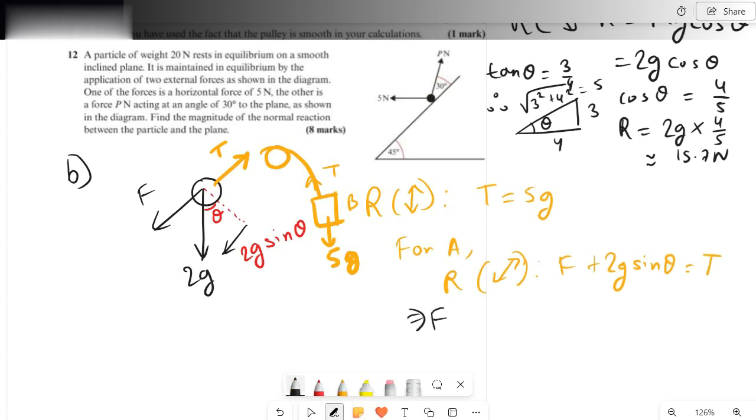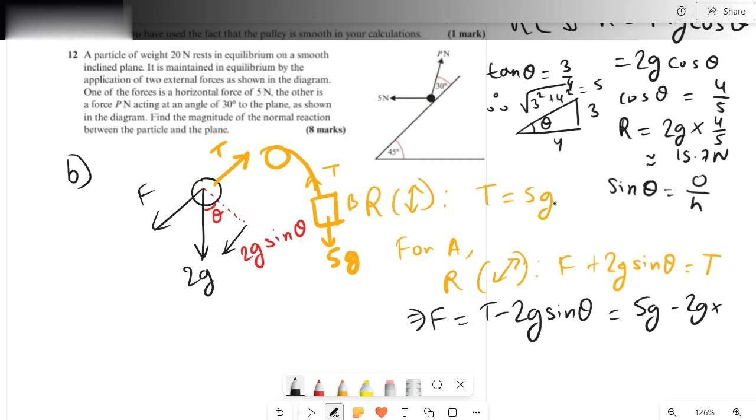So F is going to be T minus 2g sin theta. The tension is going to be 5g, and sin theta is going to be 3 by 5 because we know that sin theta is equal to opposite by hypotenuse. So the opposite is 3 and the hypotenuse is 5, which gives roughly 37.2 newtons. And this is our answer.